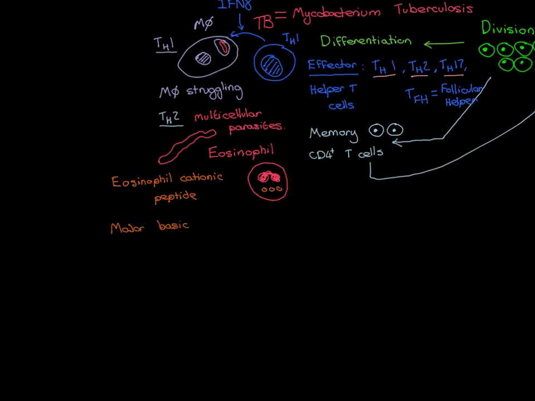They're capable of killing cells. So these cells are really dangerous. If they were to unleash these proteins on normal human cells, they would destroy the normal human cells. So we use these very, very carefully in the immune system. And we bring them right next to multicellular parasites and get them to release their horrors from their granules onto the surface of the multicellular parasite to try and kill it.